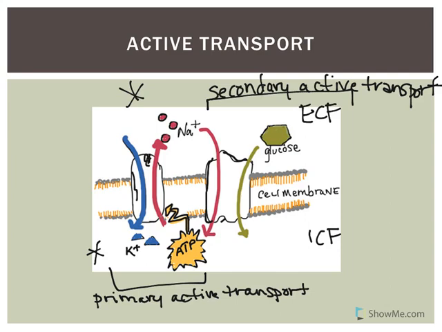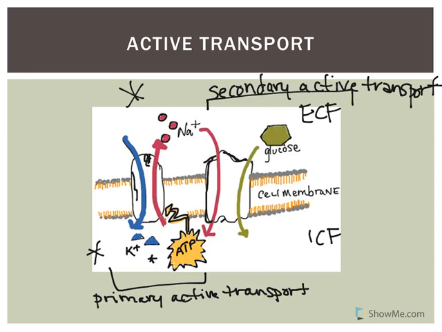But what allows this to happen is that the hydrolysis of ATP by the sodium-potassium pump creates a gradient where you have a lot of sodium outside the cell, and sodium wants to come in. It wants to reach equilibrium, and so this transport protein says, hey, sodium, you can come on in.